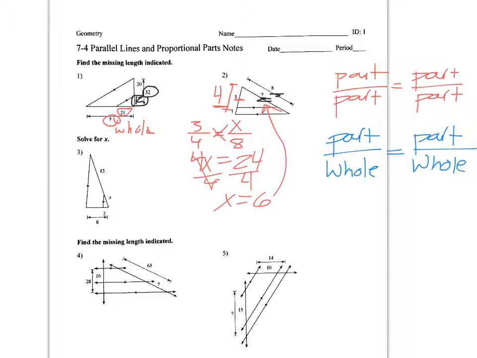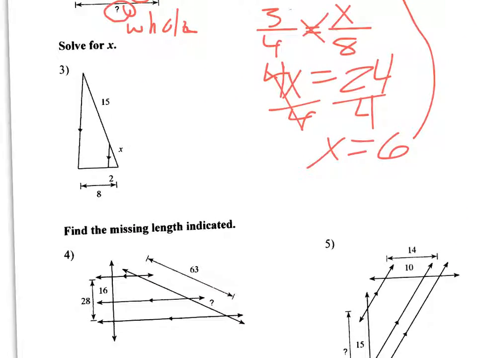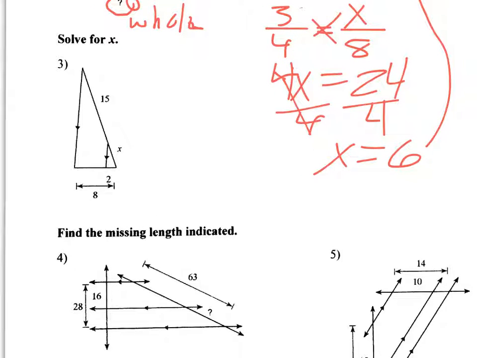Okay, let's expand this a little bit. Let's go to problem number 3. In this case, it's going to be easier if I find this other missing part. I take 8 minus 2, which tells me this part right here is 6. Now I'm going to use the other relationship: part over part will equal part over part.